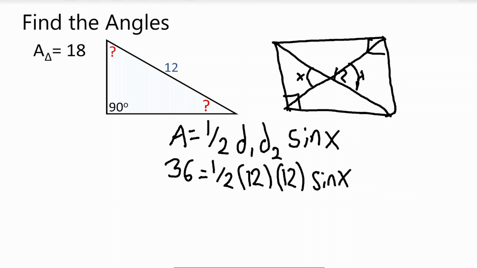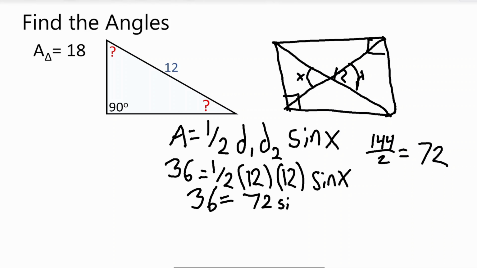So we could simplify this. 36 is equal to 12 times 12, which is 144, so 144 times 1/2, or divided by 2, is equal to 72. So 72 sine x.